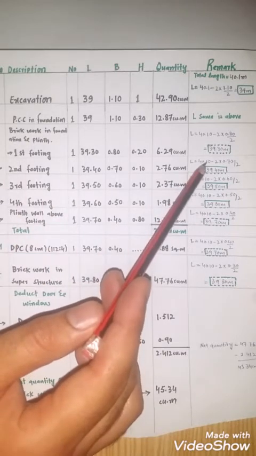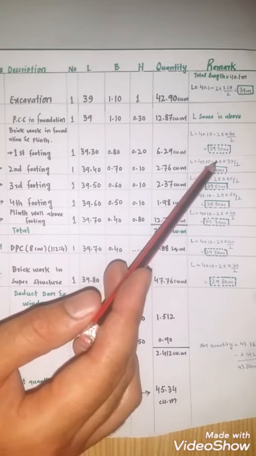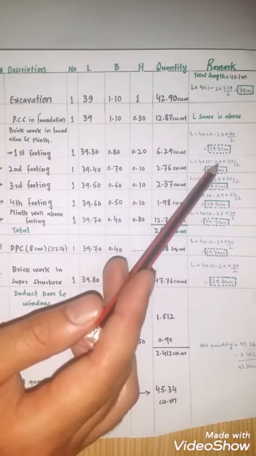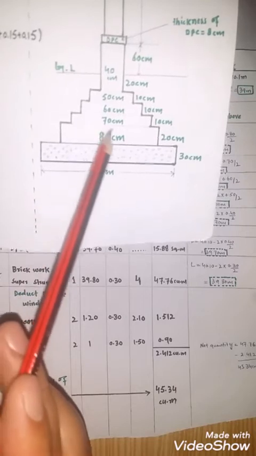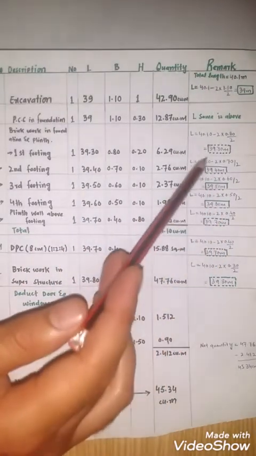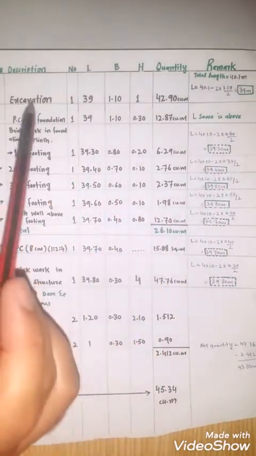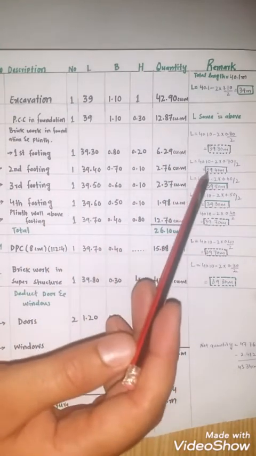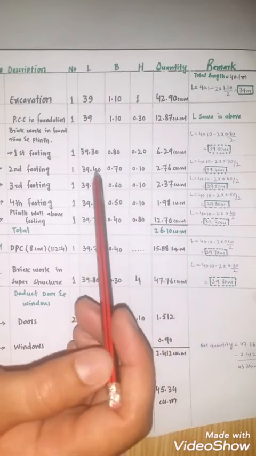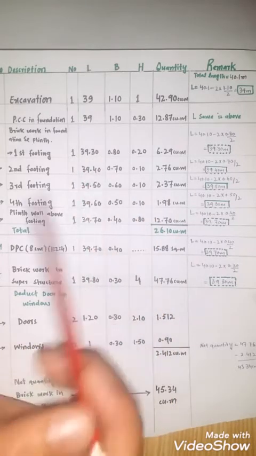Overall length is 40.10 minus 2 times T junction multiplied by the breadth of this footing, 70 or 0.70 meter, divided by 2. Length is equal to 39.40 meter. This is the length of second footing.